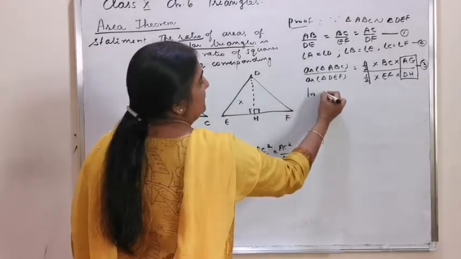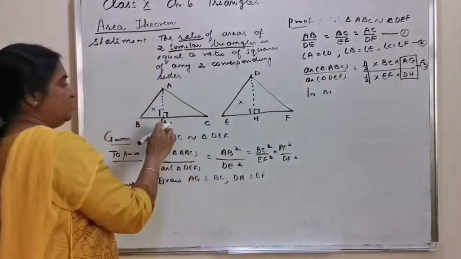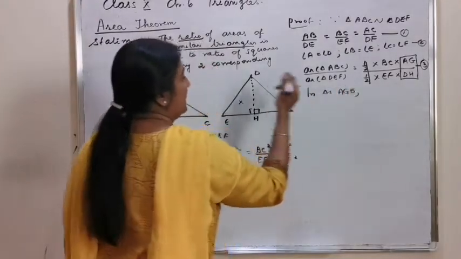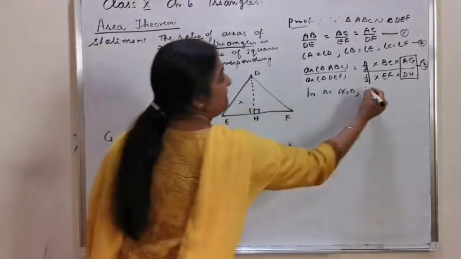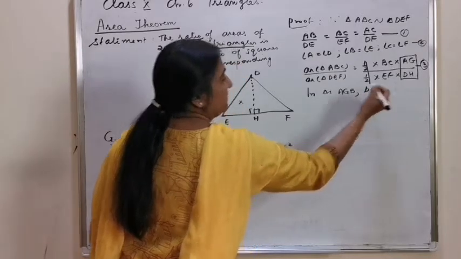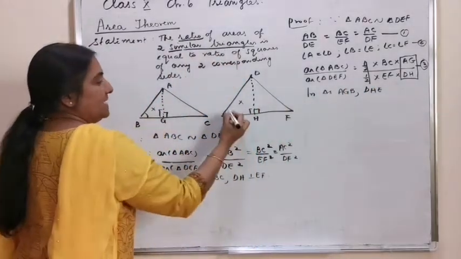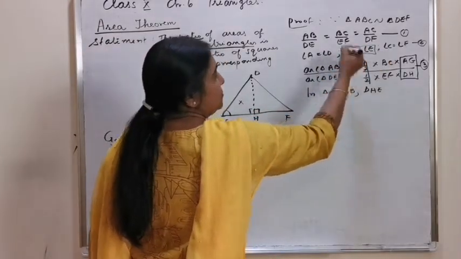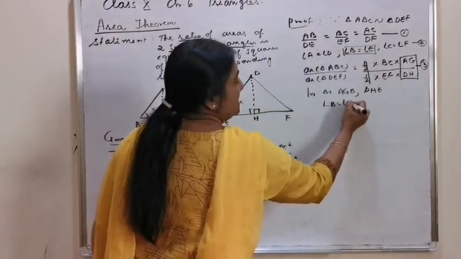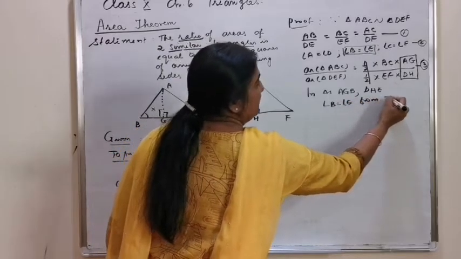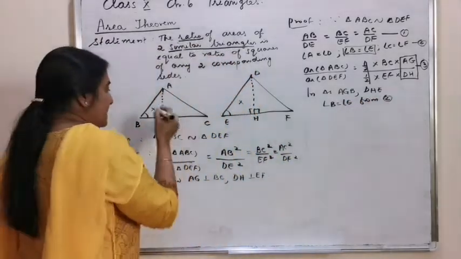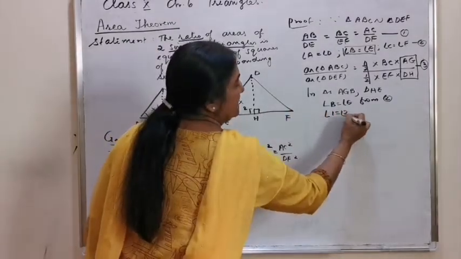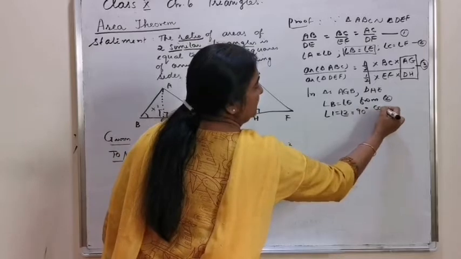In triangles AGB and DHE, angle B and angle E are equal from equation number 2. Angle 1 is equal to angle 2 is equal to 90 degrees by construction.